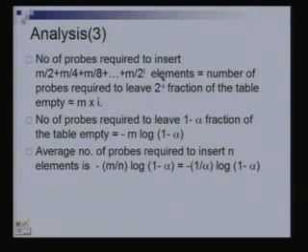And the total number of probes required to insert after I have inserted all of these elements, how many locations are empty in the table? What is the total number of elements in the table now? After I inserted m/2 elements, what fraction of the table was empty? Half. After I inserted m/2 plus m/4, how much of the table was empty? 1/4.